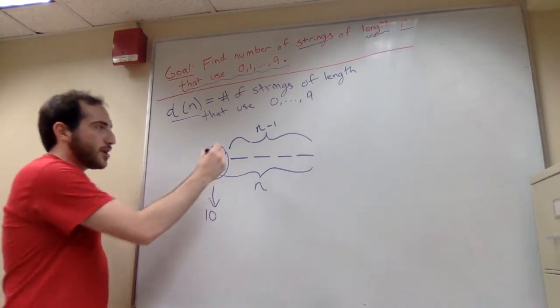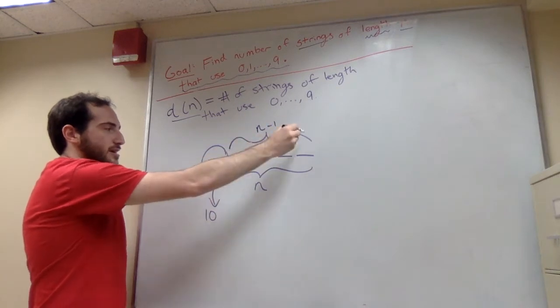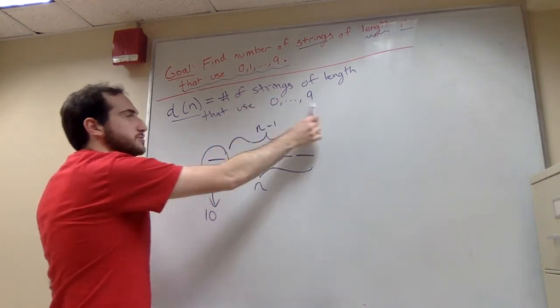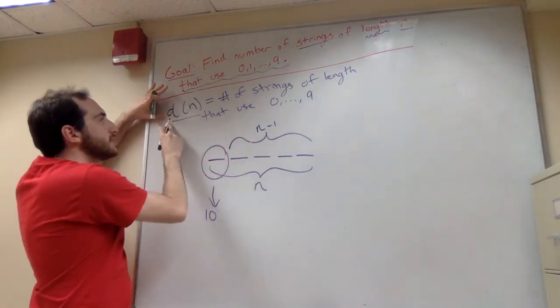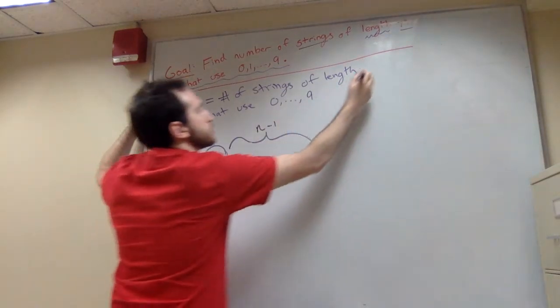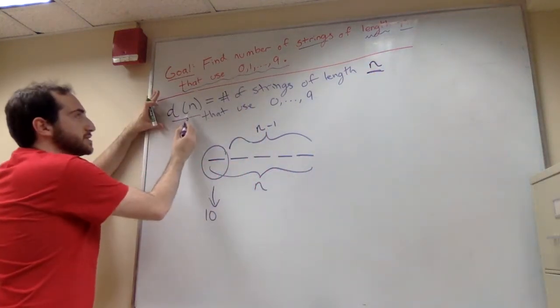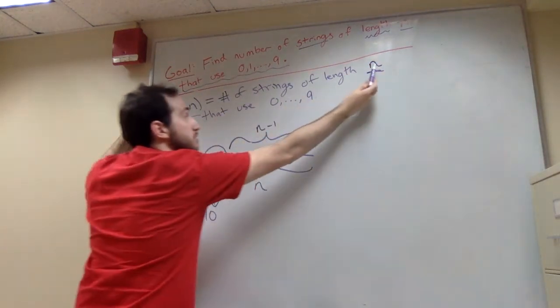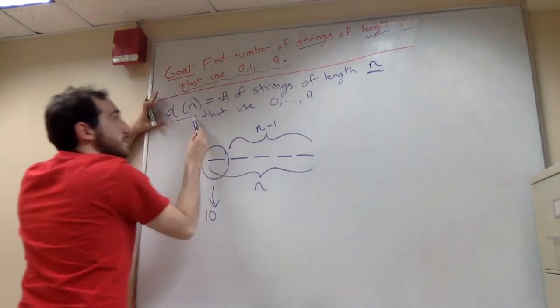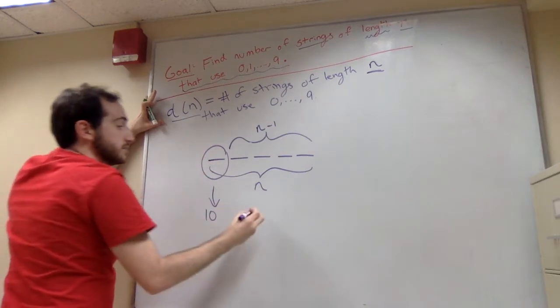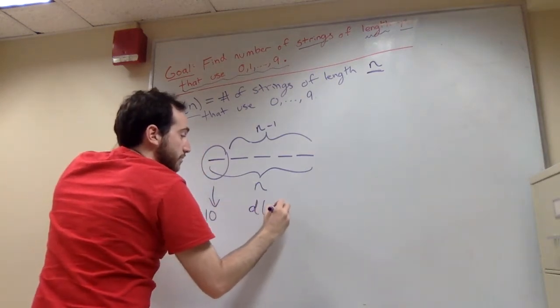We are allowed to use this function even though we haven't defined it yet. So the number of strings of length n minus 1 that use these numbers would be d of n minus 1. The number of strings of length 5 that use these would be d of 5. So this is d of n minus 1.